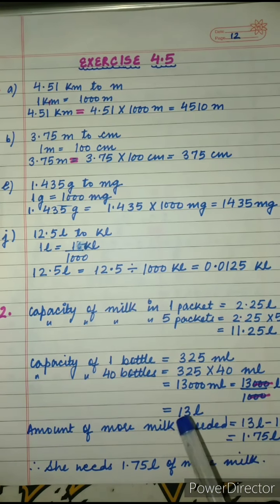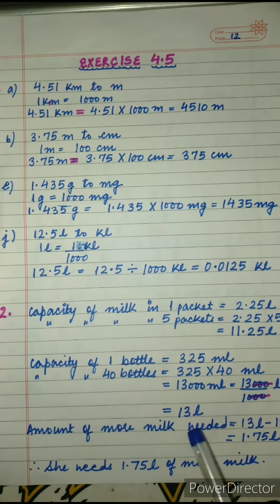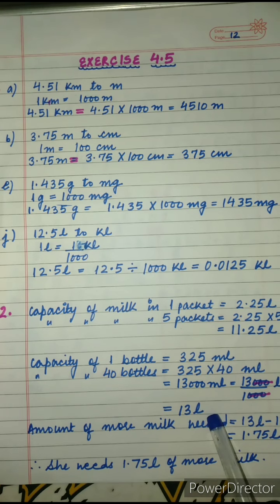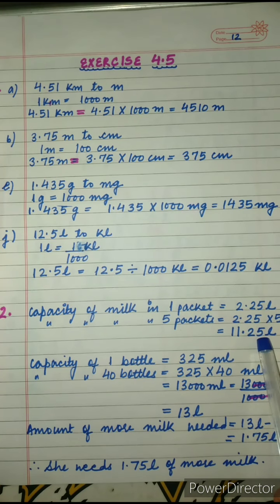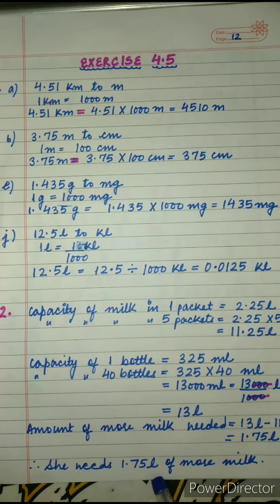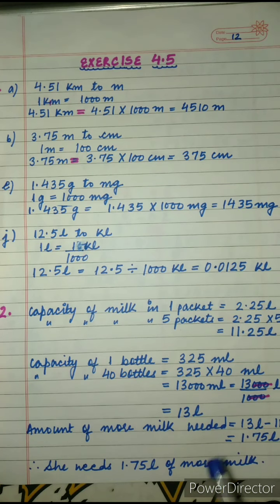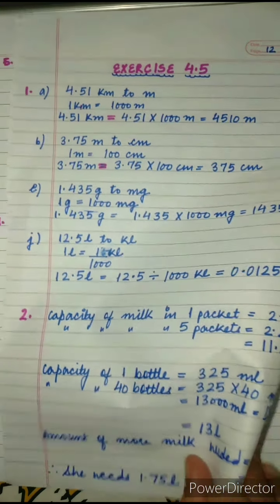When we convert it into liters, that is when you divide it by 1000, you will get 13 liters. But we have 11.25 liters. That means how much more milk do we need? We'll need 13 liters minus 11.25, that is 1.75 liters of more milk.